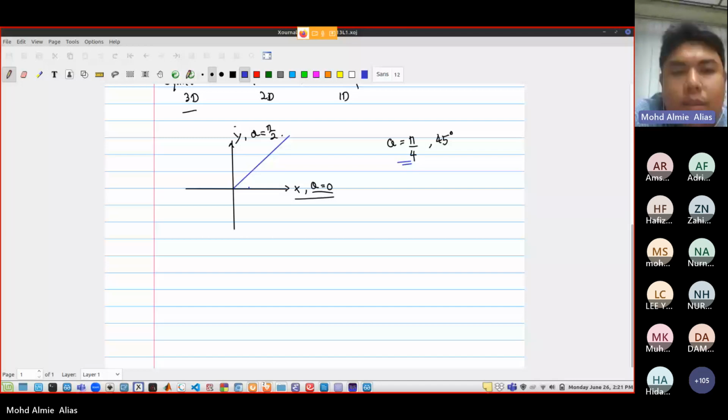The line must start from the origin, and it can extend until infinity, but in this direction. So what you call it is a half line.